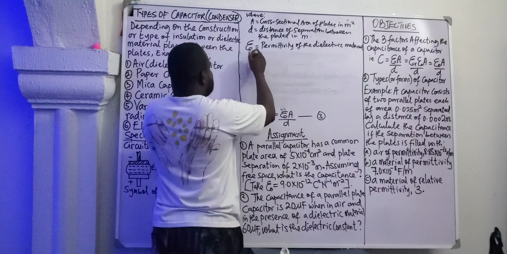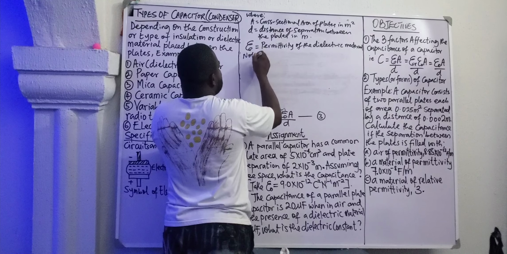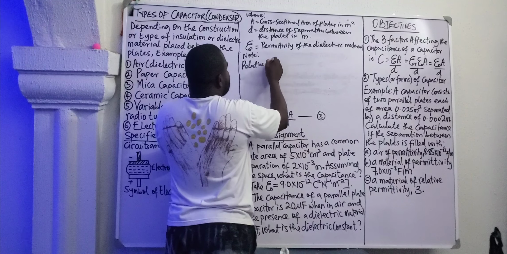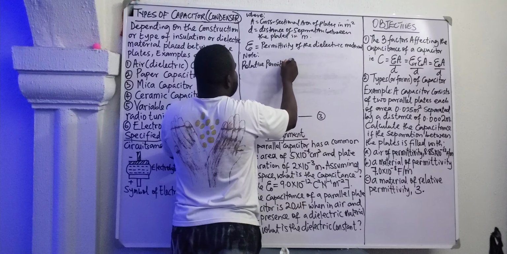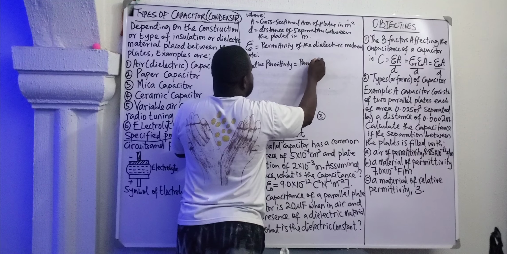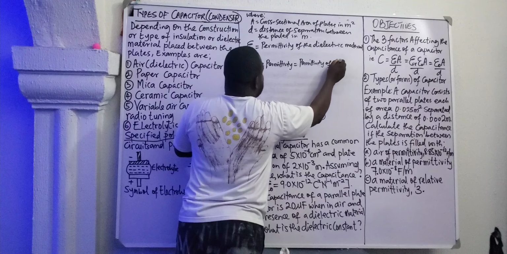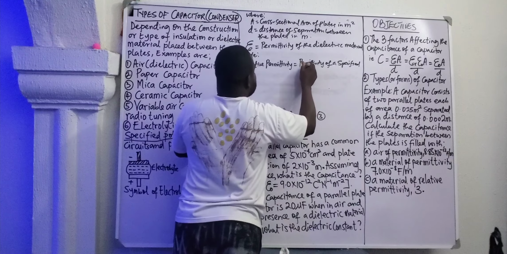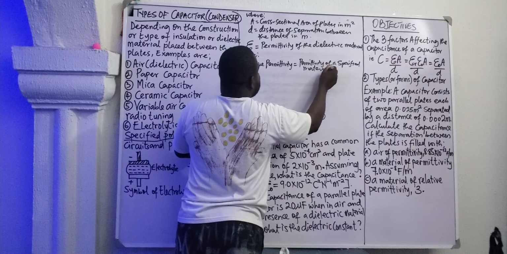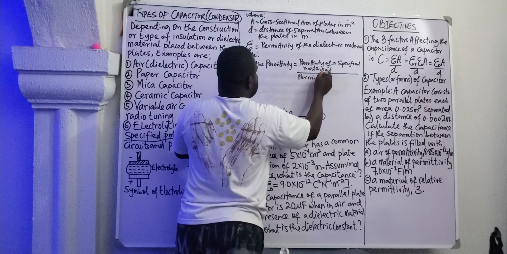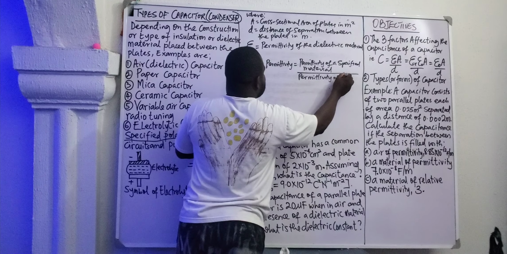Observe what I want to do. Note that the relative permittivity is the permittivity of a specified material divided by the permittivity of air or vacuum, the permittivity of free space.